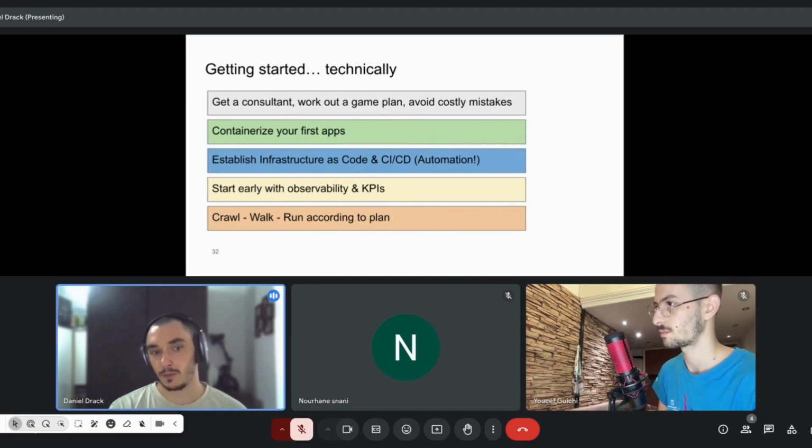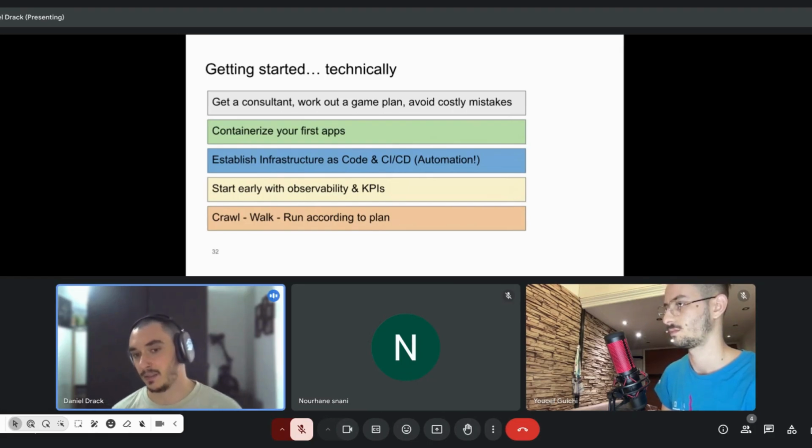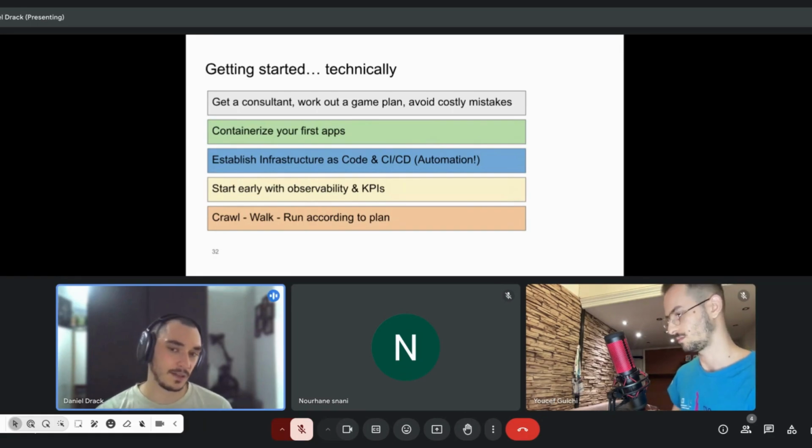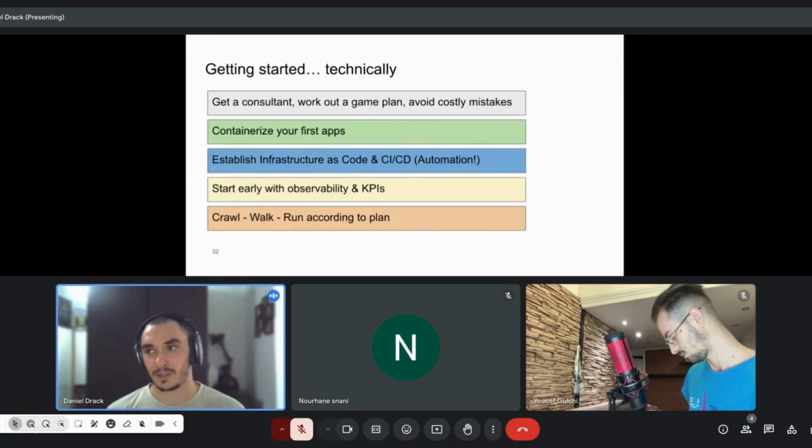The next thing you will want to do is to establish some kind of automation culture: infrastructure as code, pipelines, CI, CD. This is a technical thing, but that's also kind of a mindset thing. So you also need people to switch their approach from manually deploying to certain infrastructure to actually doing it automated in terms of pipelines, in terms of deployment systems, whatever. So you want to foster automation at this stage.